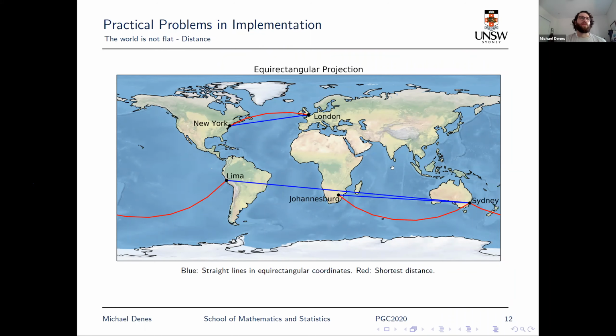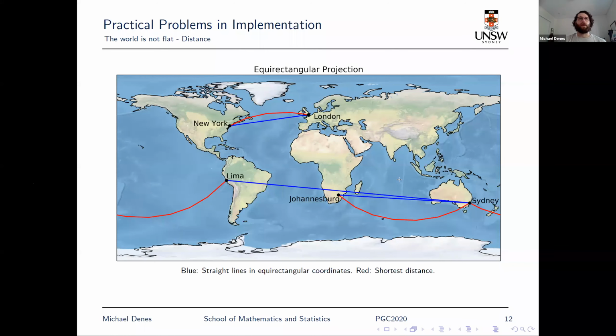So when we think of distance in latitude and longitude coordinates in, say, an equirectangular projection, they don't preserve the true distance between points. And so we need to think of a better way of computing those distances. We can use the Haversine function and still stay in this sort of domain.